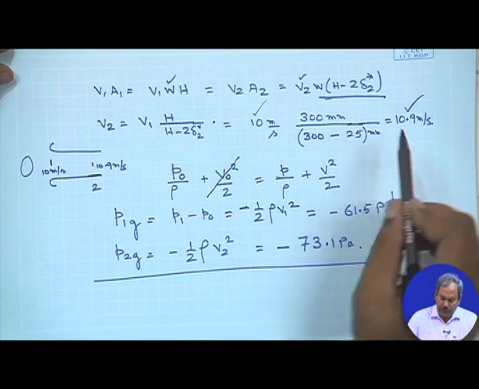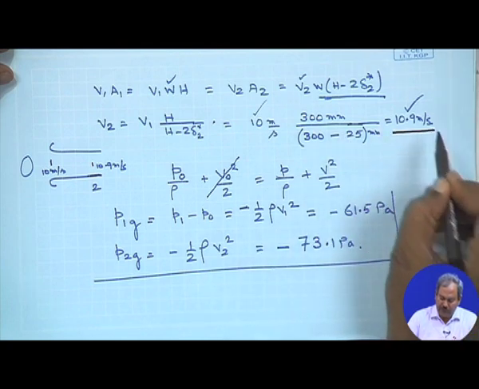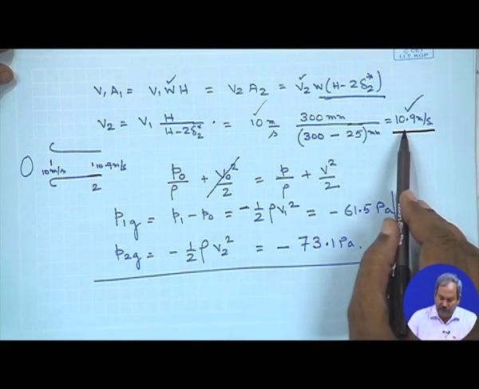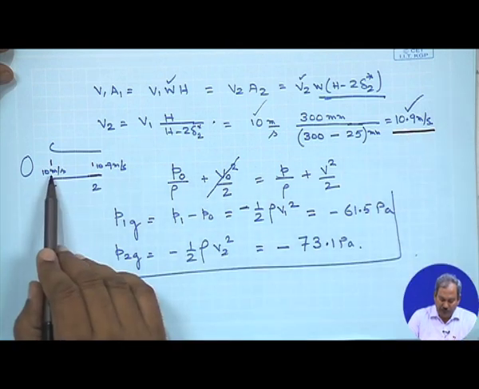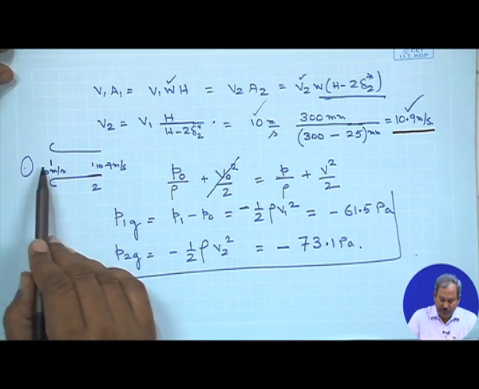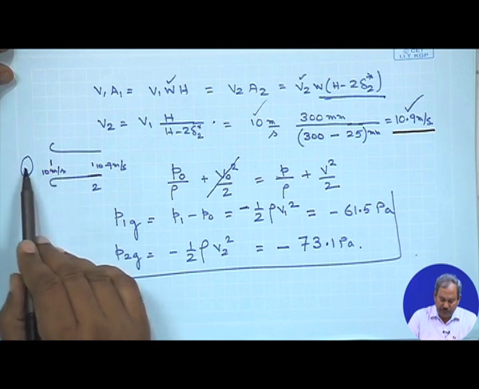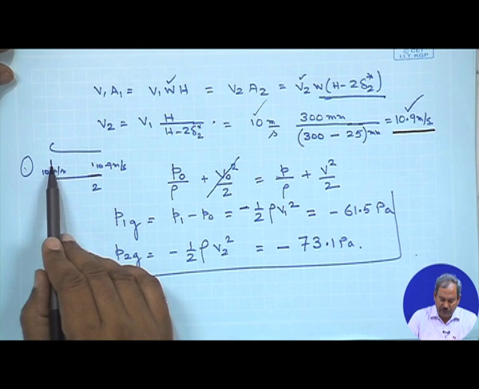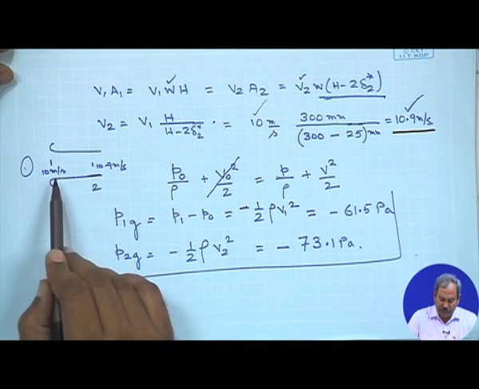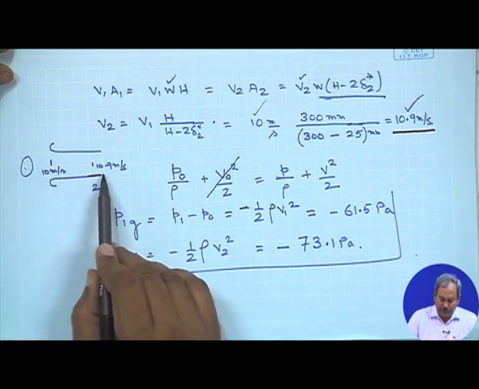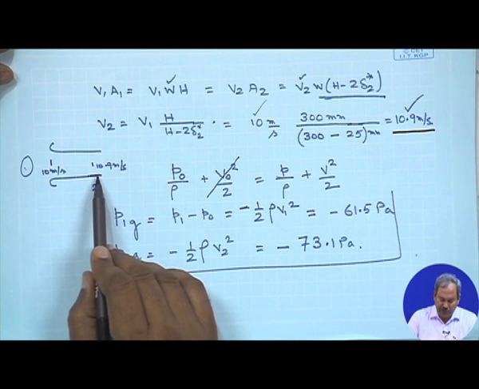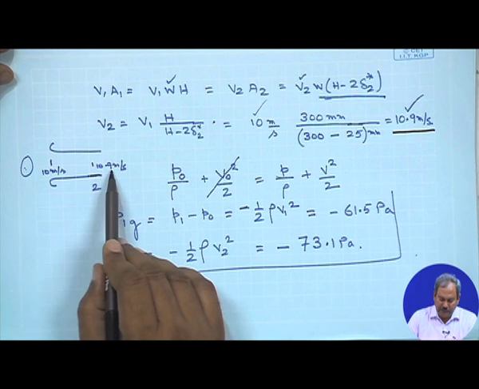When you plug in the values, you see that the velocity at location 2 is 10.9 meters per second. So in this figure I have atmospheric air which has a velocity equal to 0. At location 1 the velocity is 10 meters per second, and at location 2 the free stream velocity, the equivalent inviscid flow velocity, is 10.9 meters per second.